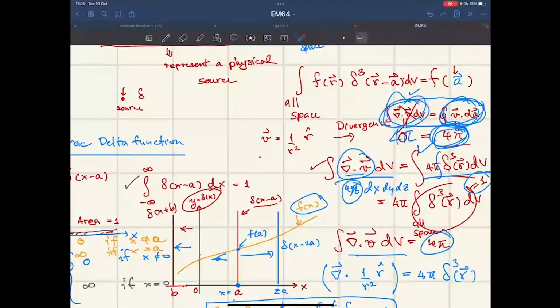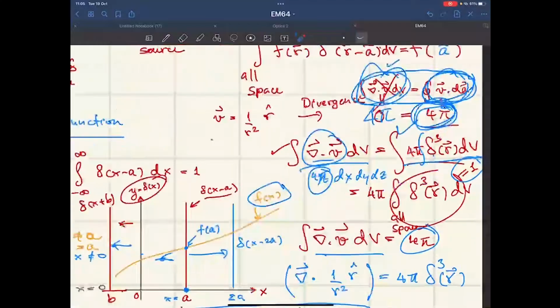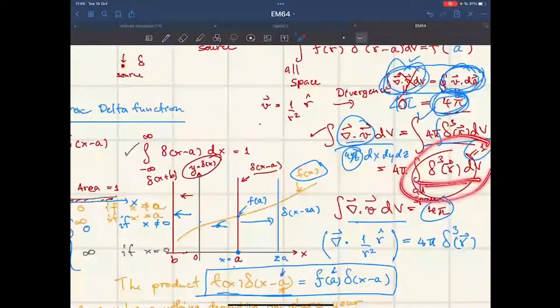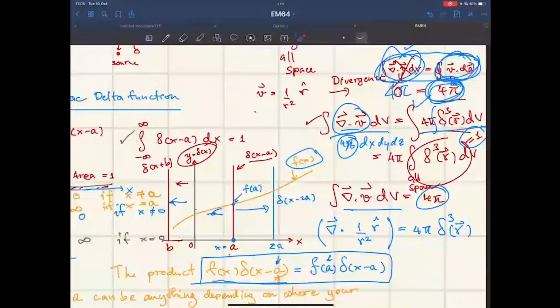To do that, you need to integrate dV. And to make the dV integral equal to 1, you have to integrate it with the Dirac delta function. Otherwise, it's not 1. See here, it's equal to 1. All right.